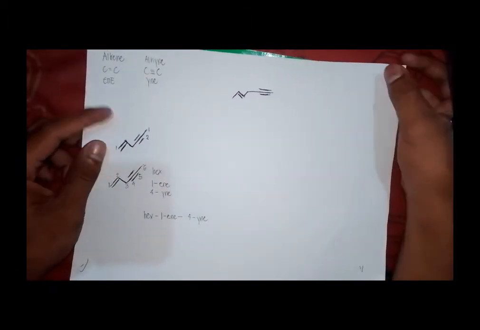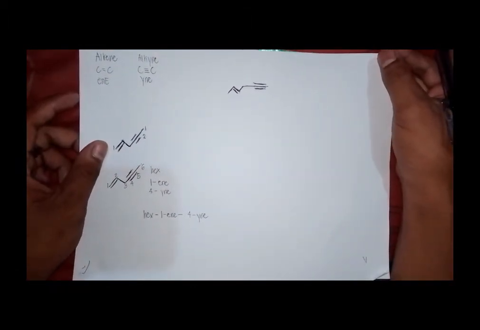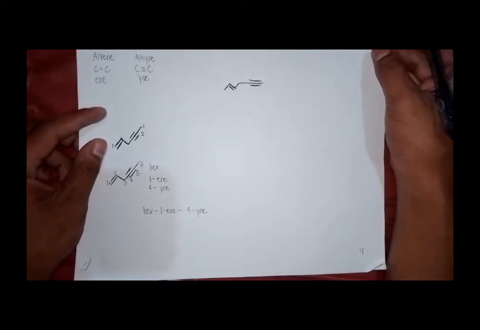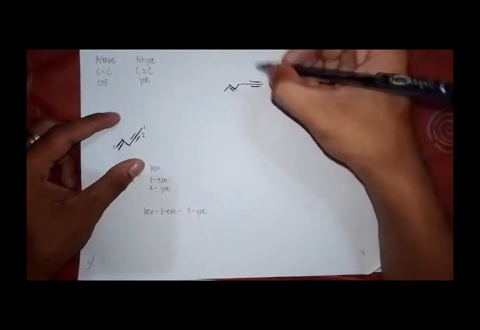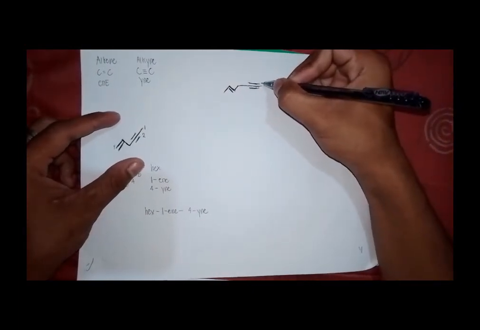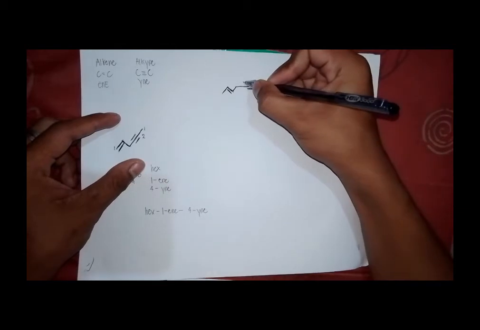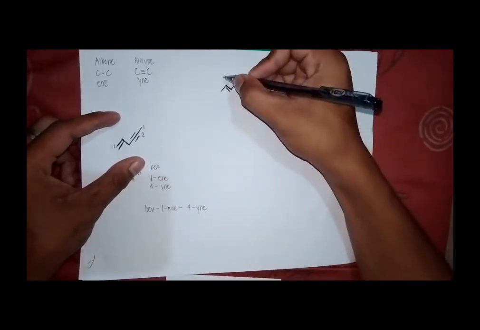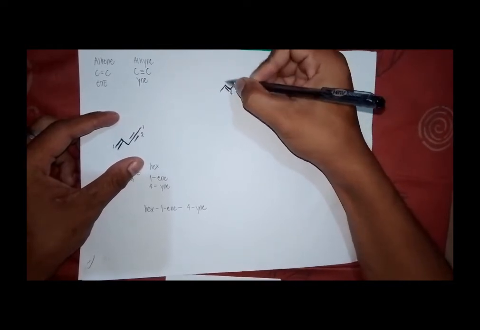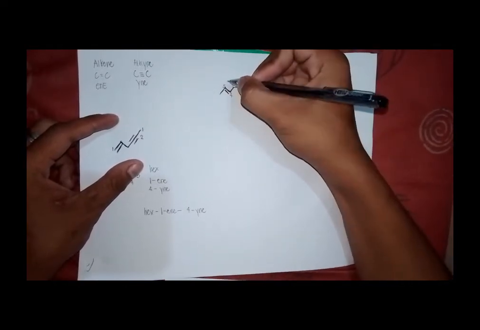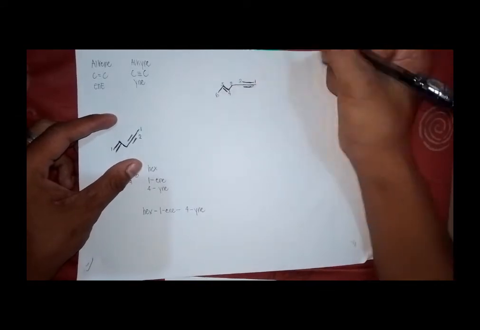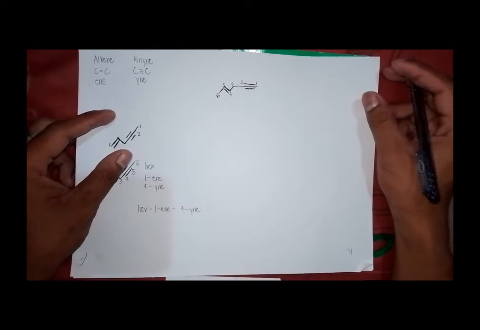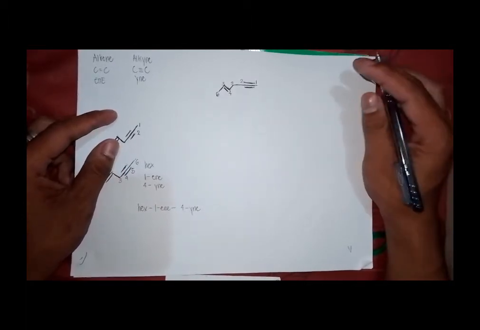But in this molecule, since the alkyne is terminal, the alkene gets priority for numbering. And so I number starting from the right.